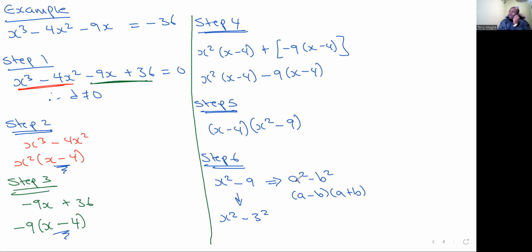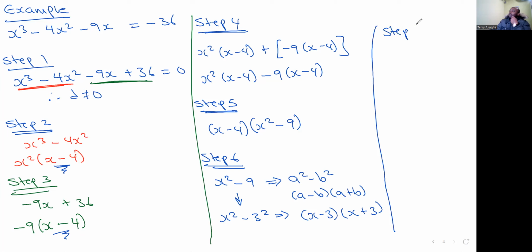And it's exactly the same thing as a squared minus b squared. So we can now write this as x minus 3 and x plus 3. Okay?